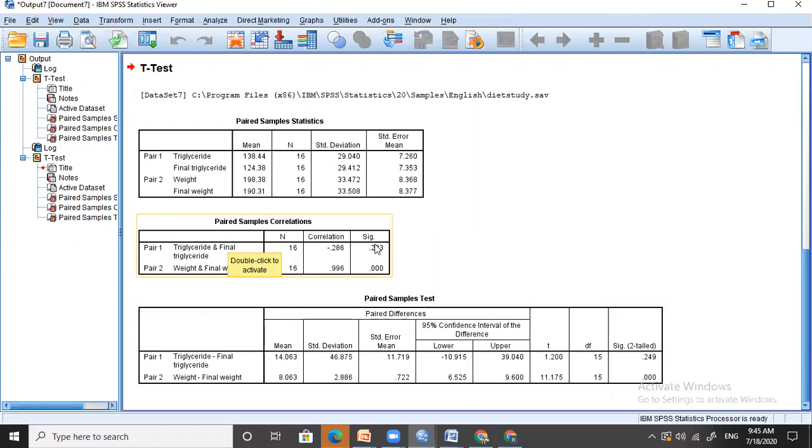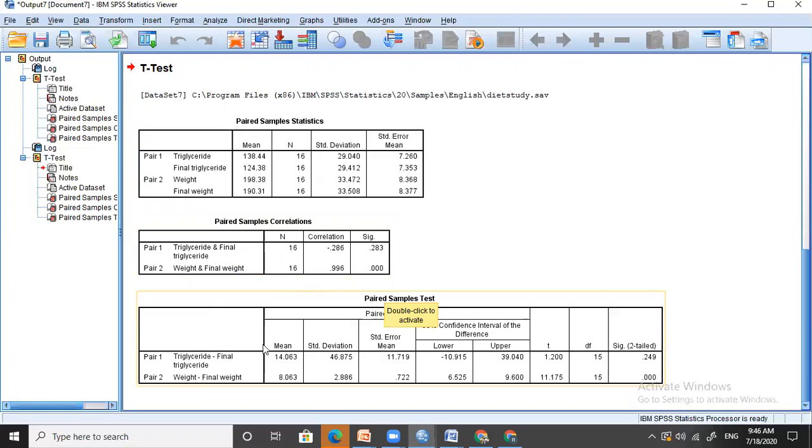Again the correlation is not significant for the first pair, as the significance value is greater than 0.05, and moreover the correlation is minus 0.286. So the correlation between the initial and final triglyceride level is not significant. In the second pair, weight and final weight, the correlation is 0.996, and it is statistically significant, as the value is less than 0.05.